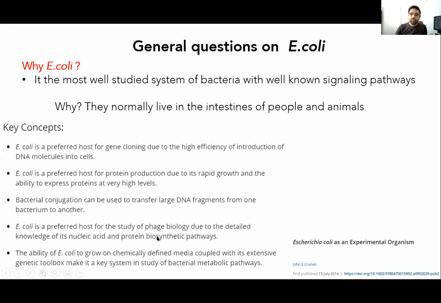It's also used to study how metabolic pathways of this bacteria work. So when we are studying motility, since we have this large pool of information, it's easier for any researchers to understand how these signaling pathways are controlling the motility. That's why E. coli is very well studied in this form.